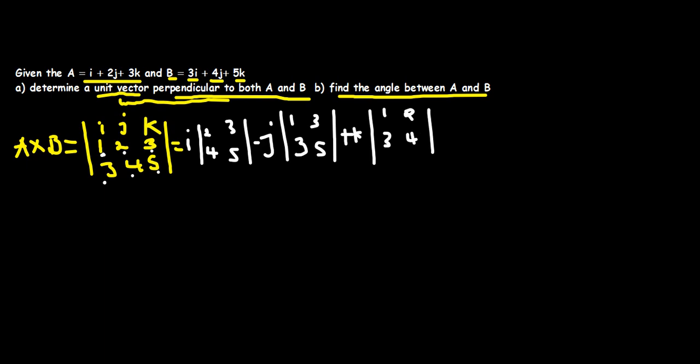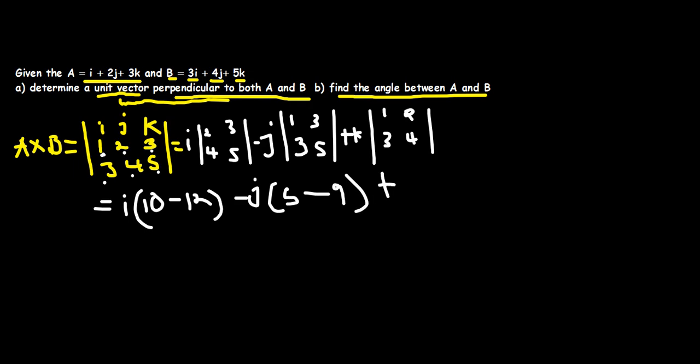So we can use that to find this cross product. This is equal to i, and in the brackets I'll be doing the subtraction. It will be 2 multiplied by 5, which is 10, minus 4 multiplied by 3, which is 12. Minus j, and then 1 multiplied by 5, which is 5, minus 9.